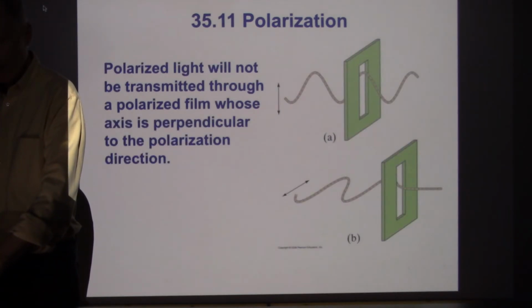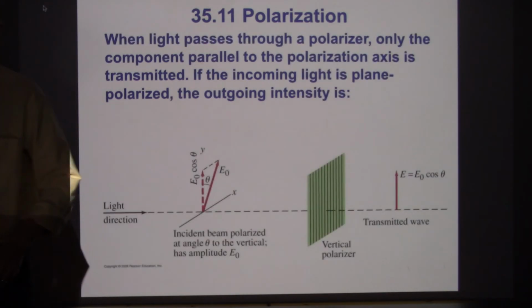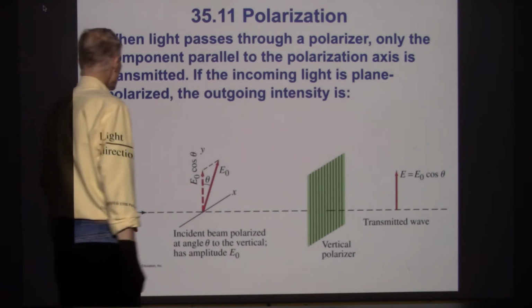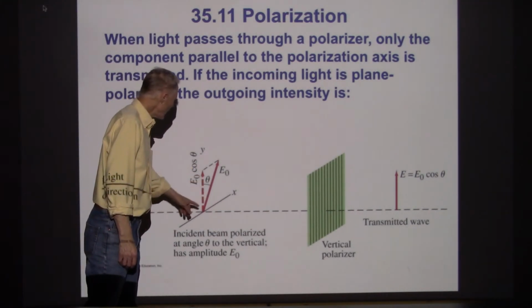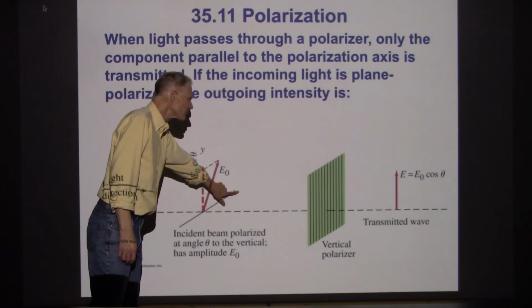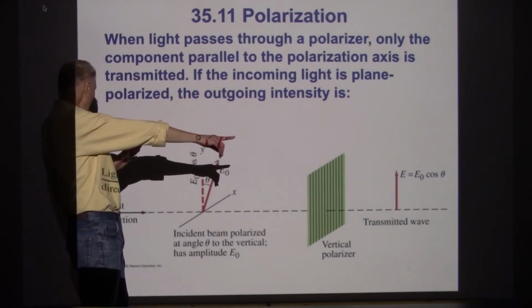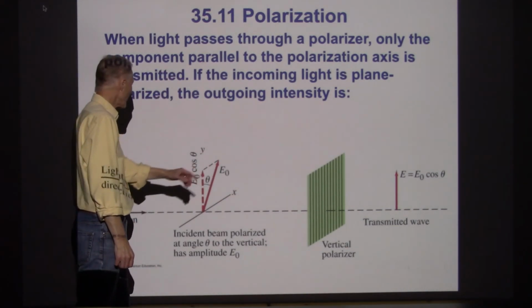Let's take a look at a device that allows different polarizations to pass through. We have some light that's incident. There can be light along the X direction. I think Z is the direction going through the polarizer.